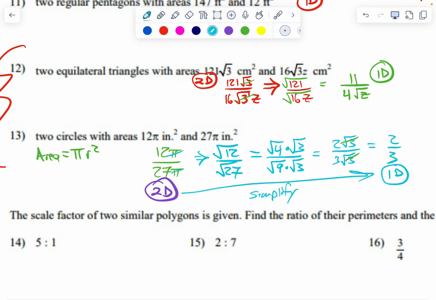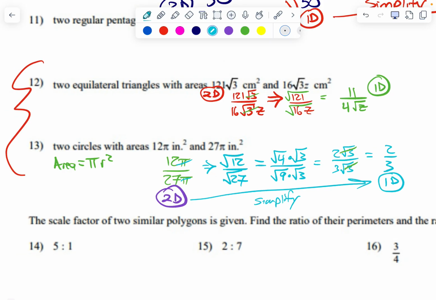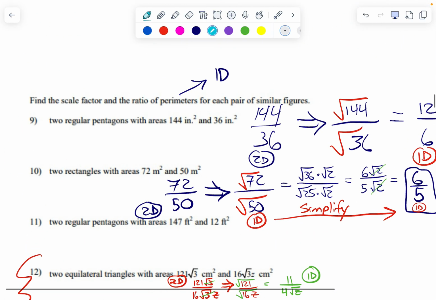Thanks for bringing that up. If you did the whole thing with the numbers flipped over and got 3 over 2, that's totally right. Because it did not specify, if you go back up here, it just says find the scale factor and the ratio of perimeters. It doesn't tell us which version, if it's big to small or small to big. Okay, so you got it. Did anybody else do it like Braden and get 3 over 2?